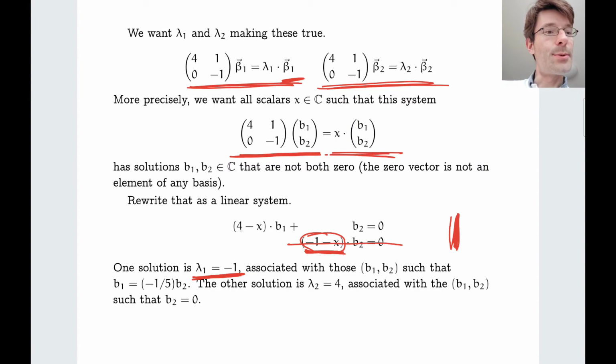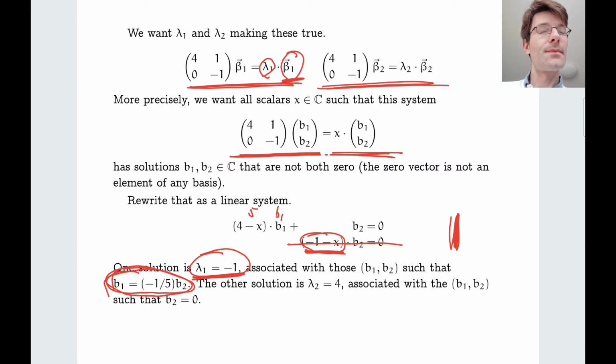Now here we would have 4 minus -1 times b1, that's 5 b1 plus b2 equals 0. And that gives us now a whole line of solutions, this line here. So there we find non-zero solutions. Okay, so we might use this lambda 1 = -1, and as beta 1 we might take some point, not the origin, on that line.